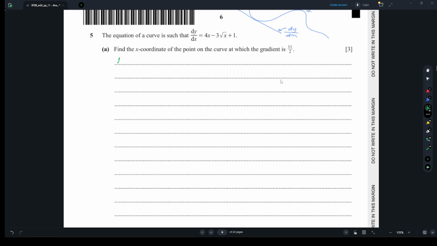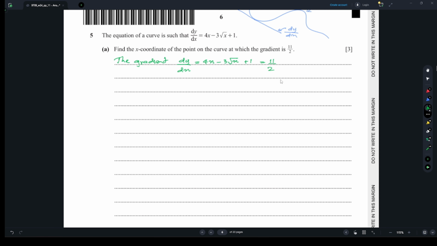The gradient dy over dx, which is 4x minus 3 root x plus 1, equals 2. And now you can solve this one.